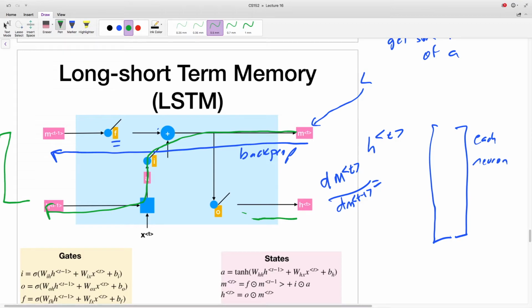Yes, the gradient from here to here will be exactly f, because we just have f times mt minus 1, so when we differentiate, we just get f. So we are providing the neural network an opportunity to push gradients back. Let me even back up a second. Ideally, what would f be when we first started training?